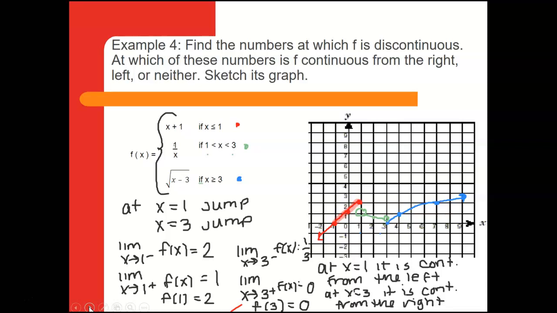Are we okay? That's a lot to take in. So you have jump discontinuity. However, jump discontinuity can have continuity from the left or from the right. And in order to find that, you have to find the function value at that point and compare the left to right hand limits.